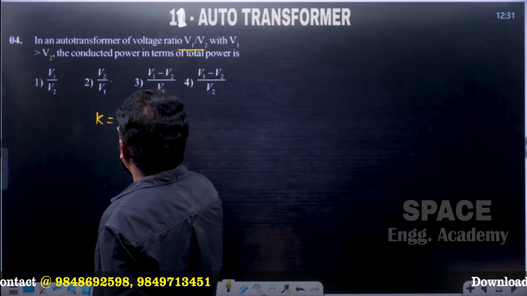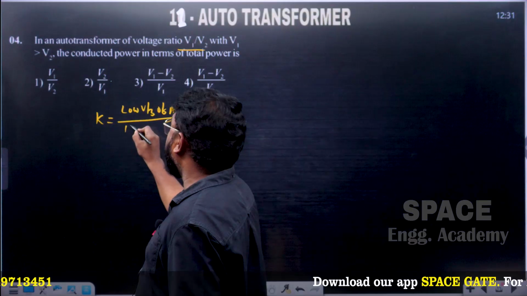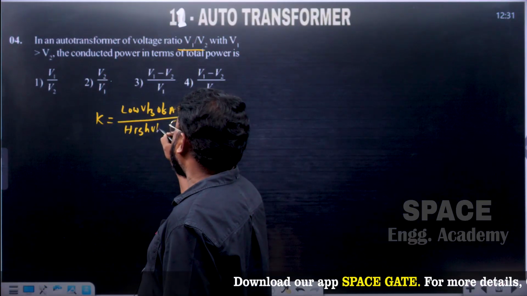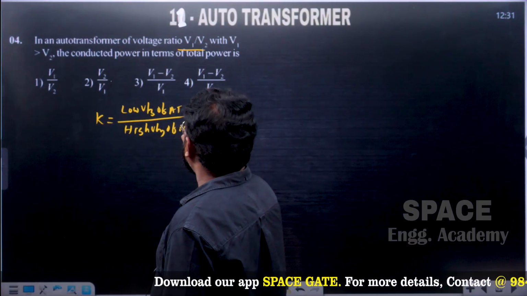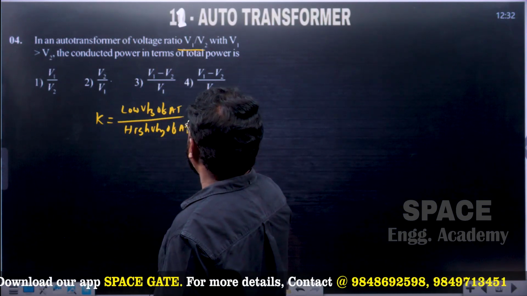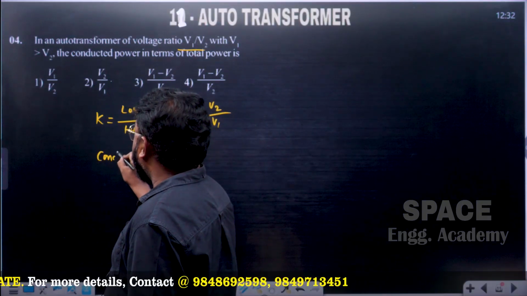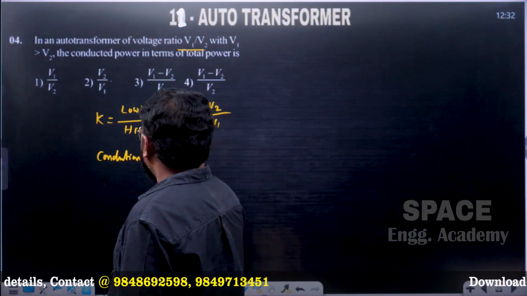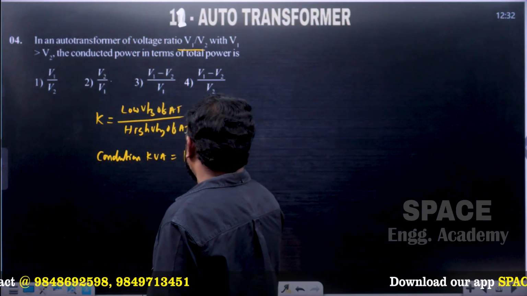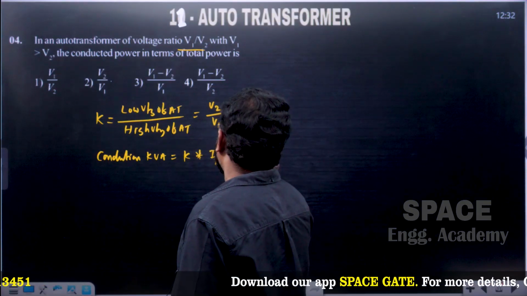K is the low voltage of auto transformer divided by high voltage of auto transformer. So this value is equal to the low voltage, so V2 divided by V1, K value, and conduction kVA is equal to K times of the input kVA of auto transformer.